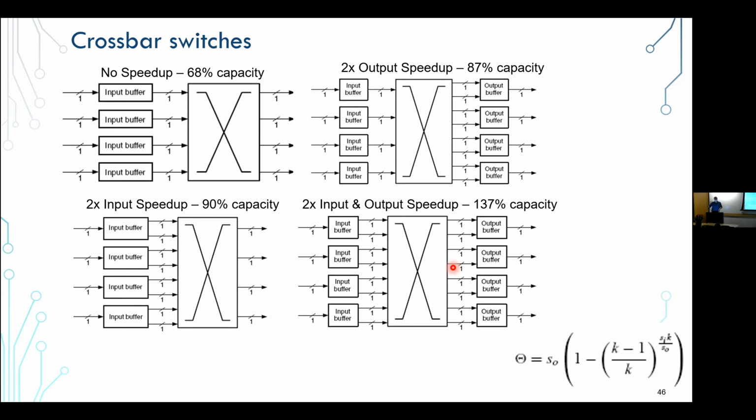It's easy to do statistically, like a closed form solution. You can actually derive this formula that I'm putting here, which gives you theta, the overall effective throughput through the switch, depending on S_O, which is the speedup in the output buffer, and S_I, which is the speedup in the input buffer.